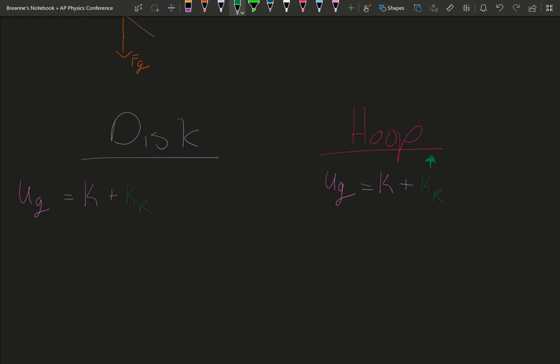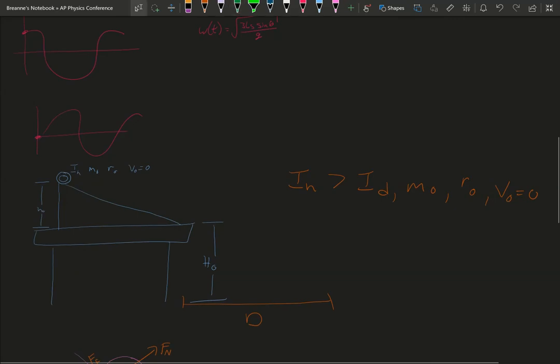However, the disc has a greater rotational inertia than the hoop. That's not what you originally told me.